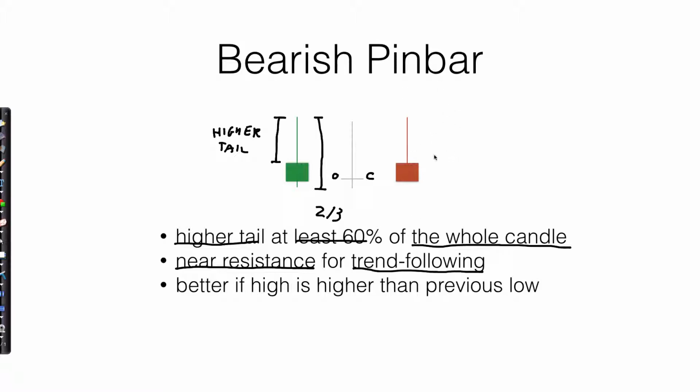So trend following for bearish pin bar means that the price is in a downtrend, and ideally, if there is some kind of resistance, we want to see this candle somewhere here.